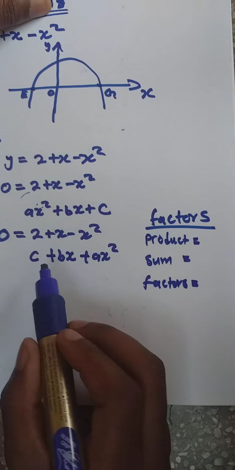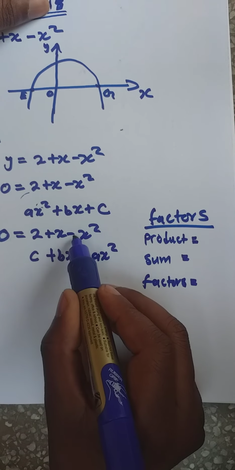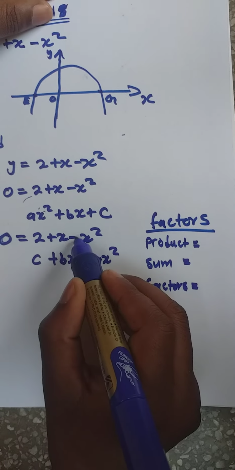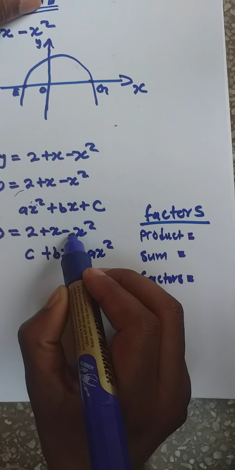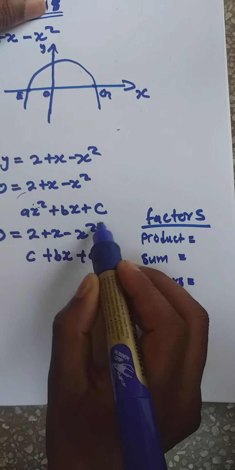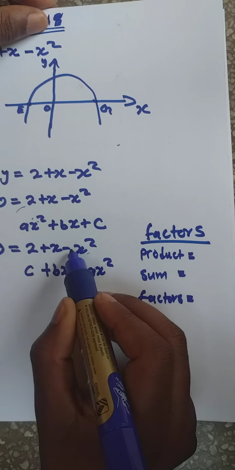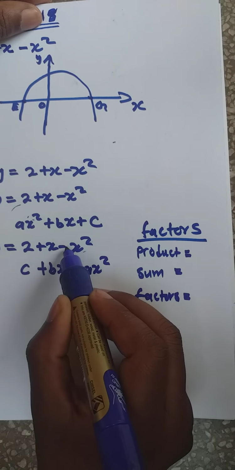Product means you multiply the number that is attached to the variable which has the power 2. In this case, the one with power 2 is x squared, and there's no number in front of it, which means there's 1.